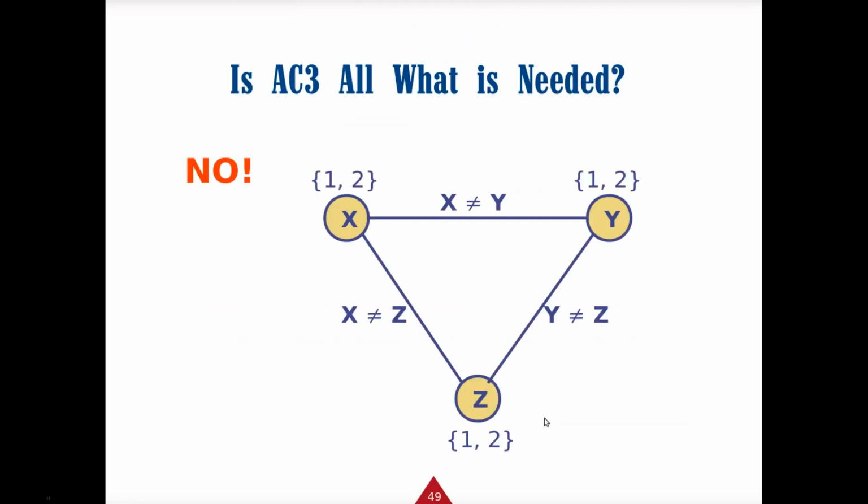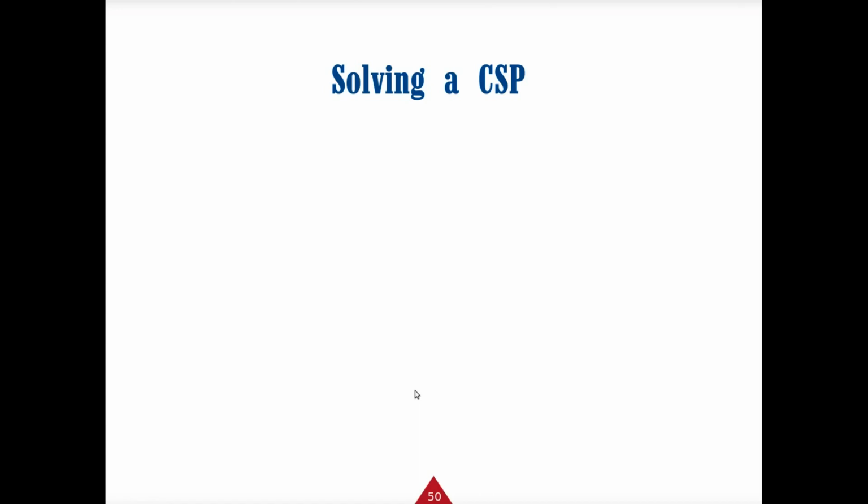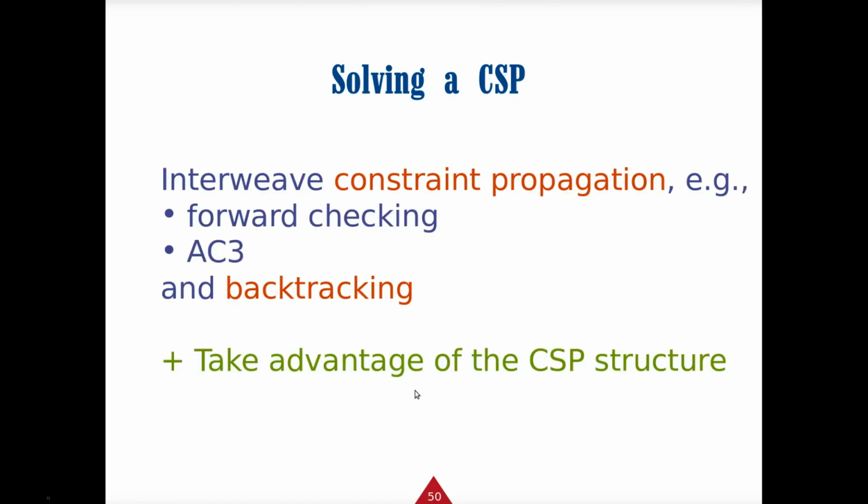Then I ask, is AC3 all we need? No, because you may have a case where you have three linked things and they can't all share the values. So to solve a CSP, you can interweave constraint propagation using forward checking or AC3 with backtracking, and take advantage of the CSP structure, the different arcs you have in your graph.